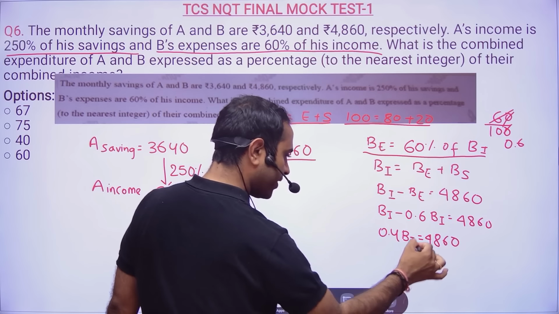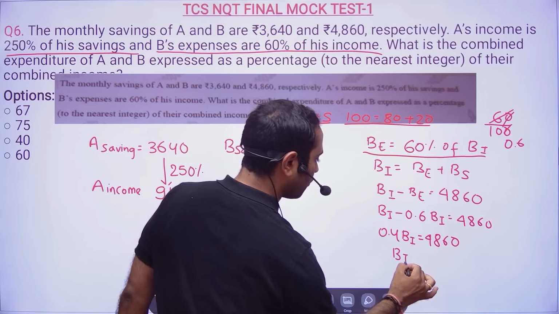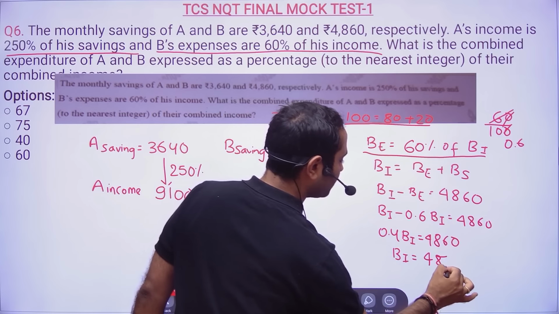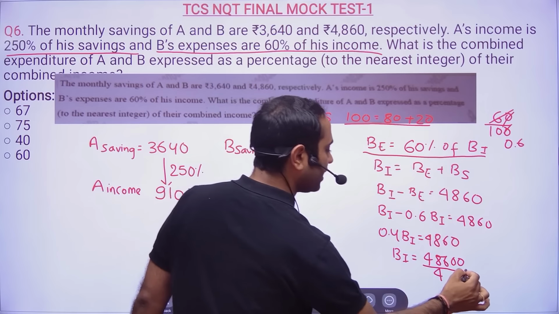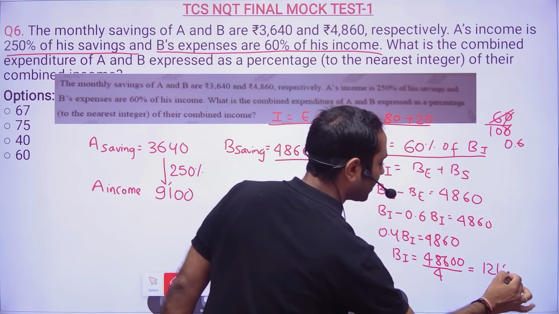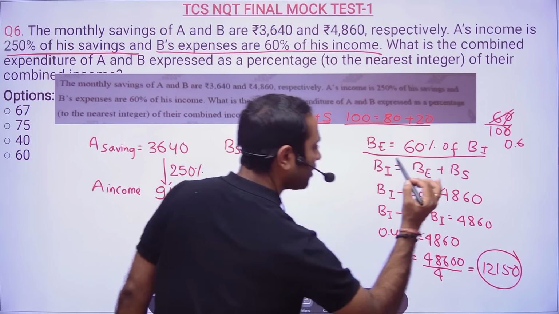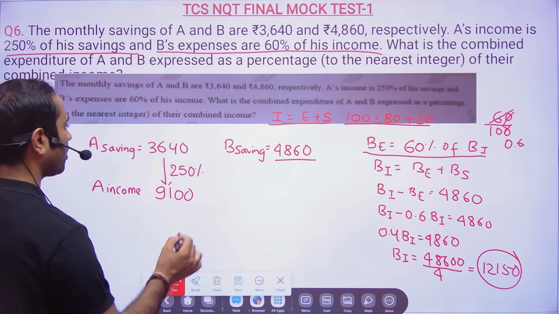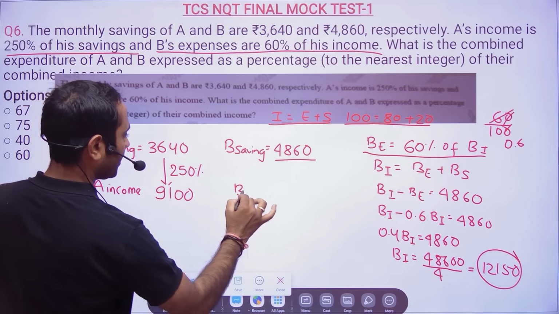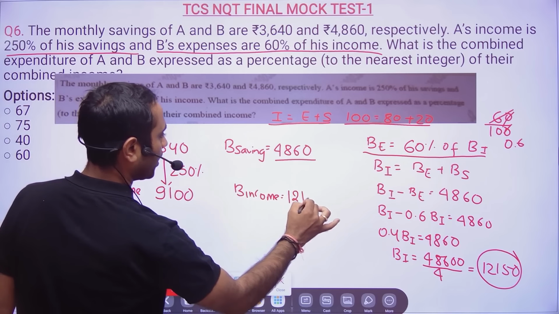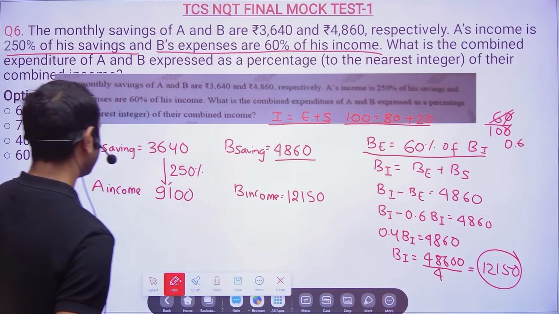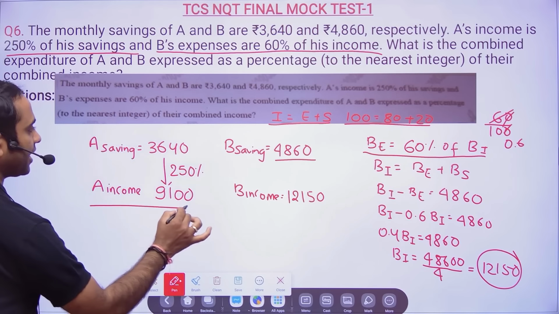So 486000 divided by 4, because of this decimal, 10 will increase. 12 times, 15 times and 0 times. So 12150, if I am not wrong. So B income is 12150. Correct?